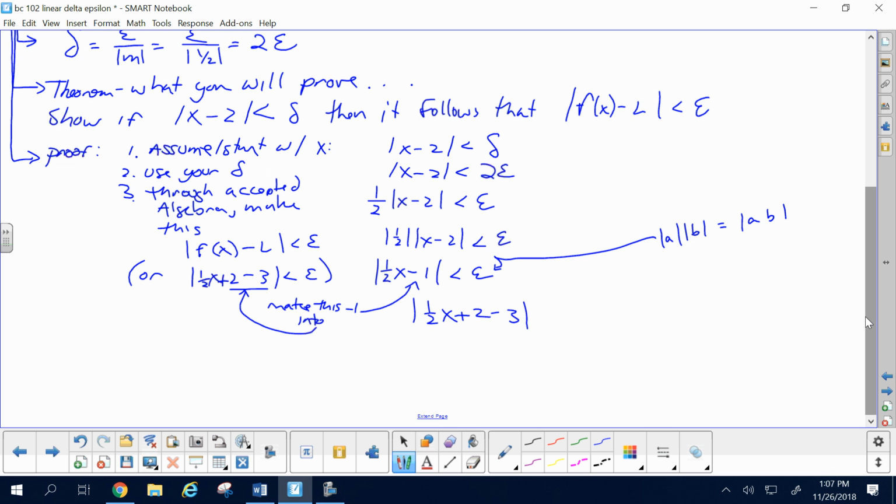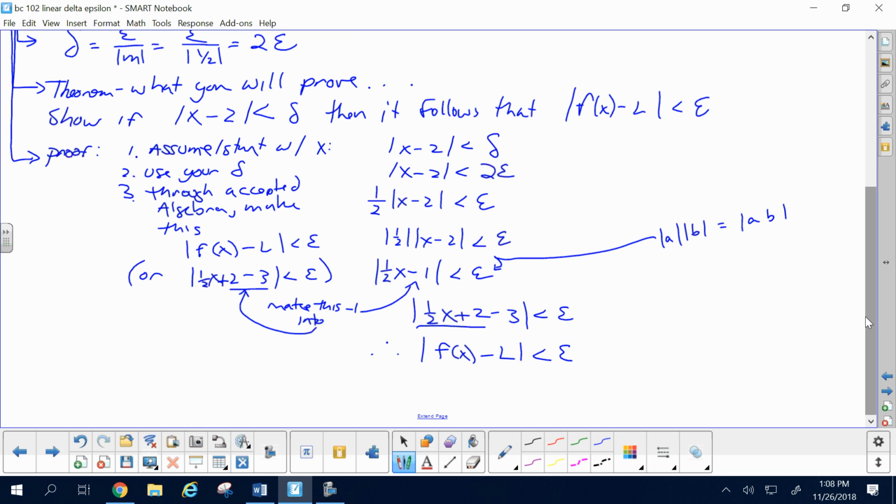I think we'll all agree that -1 is equal to 2 minus 3. Yeah? Now I can substitute. What is 1/2 x plus 2? It is f of x. And 3 is the limit. And that is what I was supposed to prove, therefore. I guess you would read that as therefore. Okay? That is the idea.